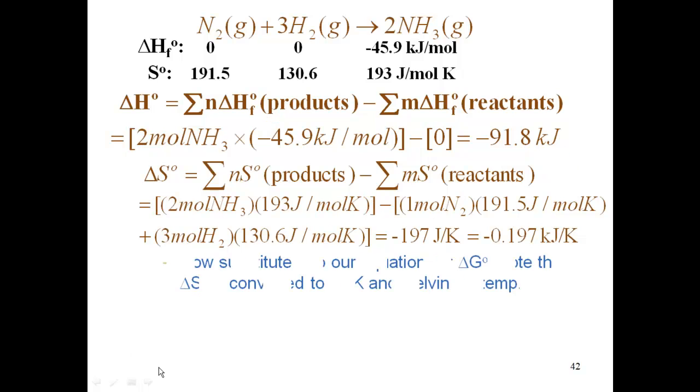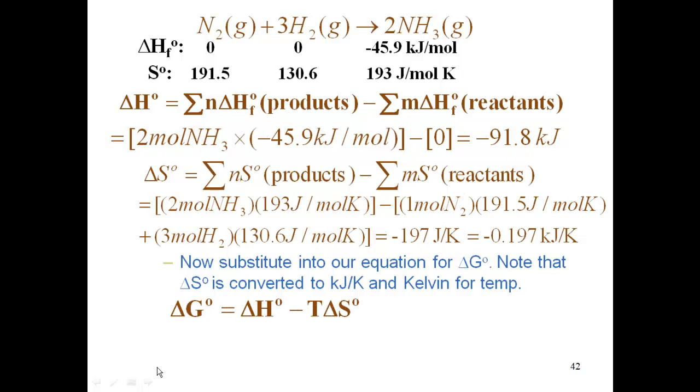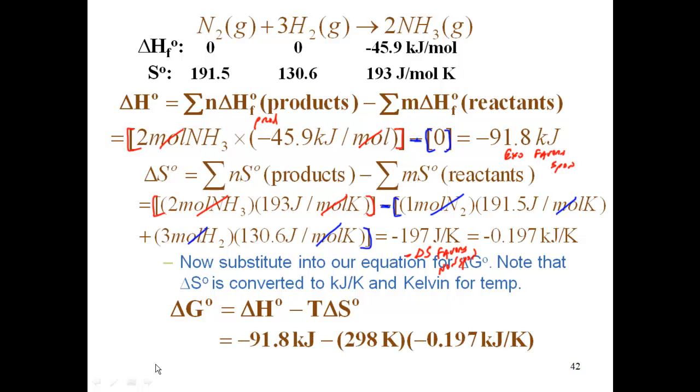So at this point, I'll plug it into my equation, which is delta G equals delta H minus T delta S. So I'll plug in delta H, which is a negative 91.8 kilojoules. I plug in my temperature, which is 25 degrees C. I can convert it to Kelvin, which is 298 Kelvin, and multiply that by delta S, which we said is a negative 0.197 kilojoules per Kelvin.